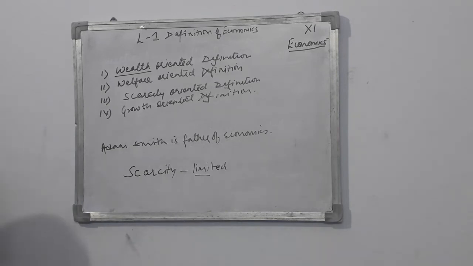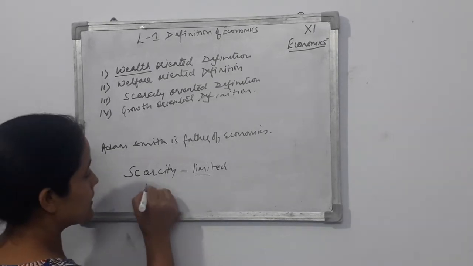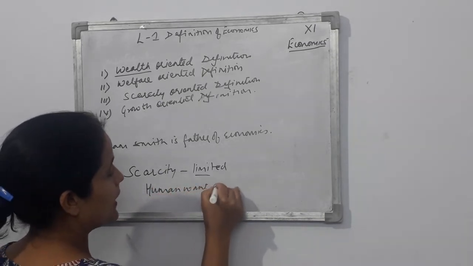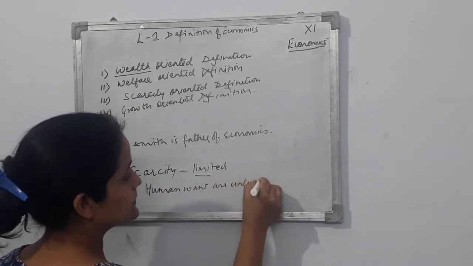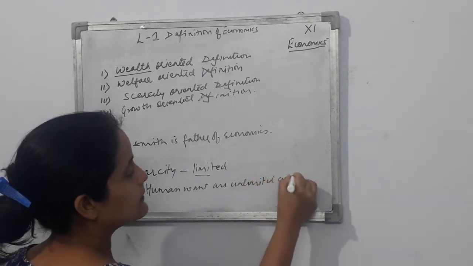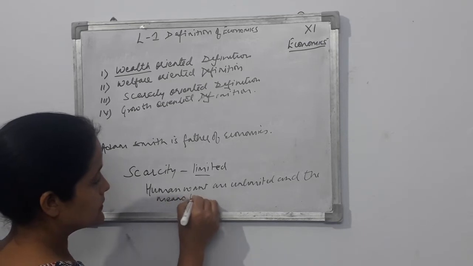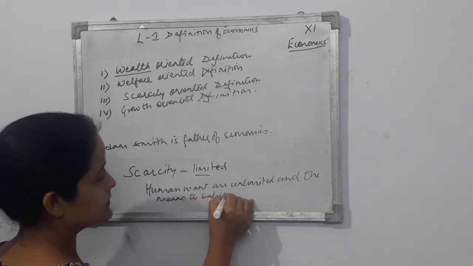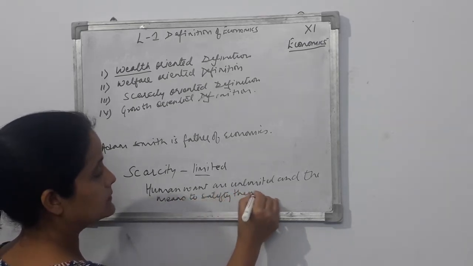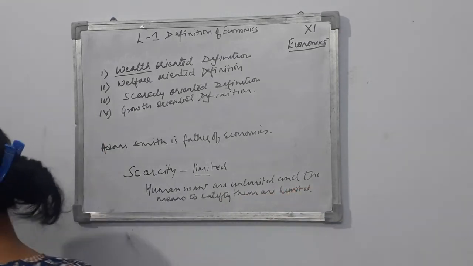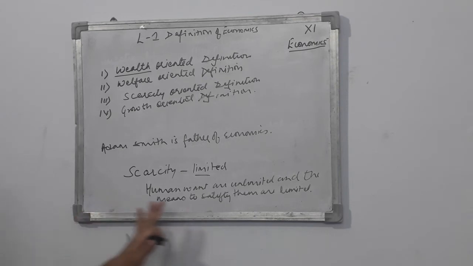And he said, Robbins said that human wants are unlimited, and the means to satisfy them are limited. This is what Professor Robbins said, right?